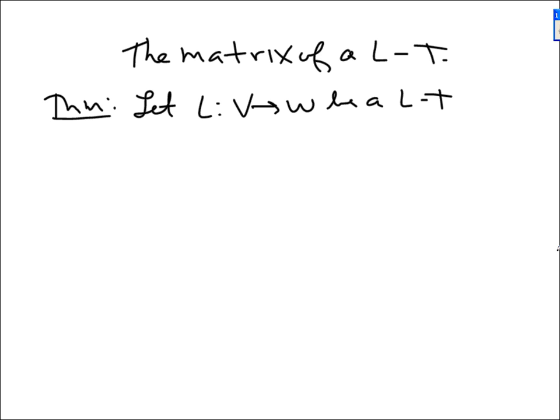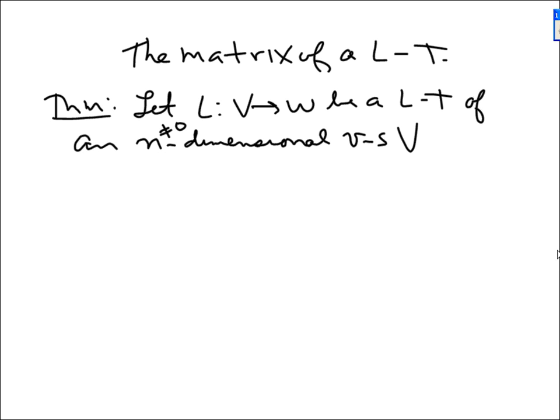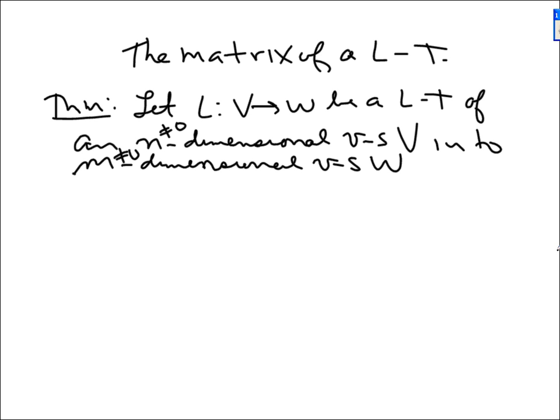Let the mapping L from V to W be a linear transformation of an n-dimensional vector space V, and n is not 0, into an m-dimensional vector space W, and m is not 0.